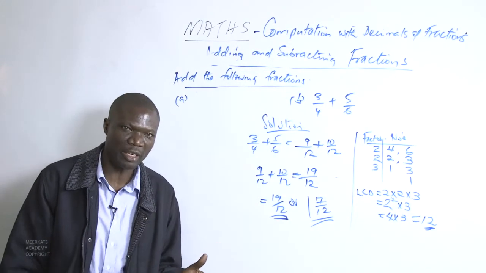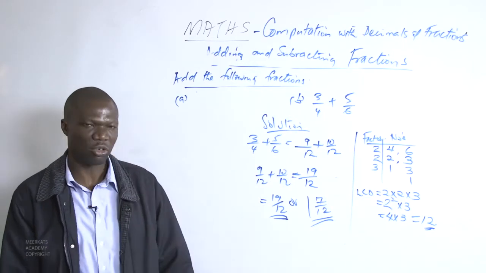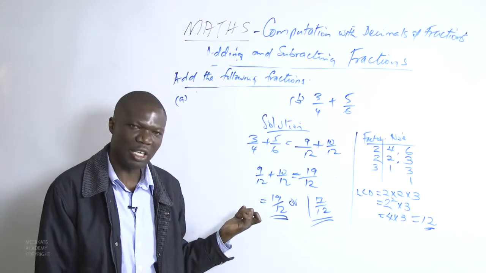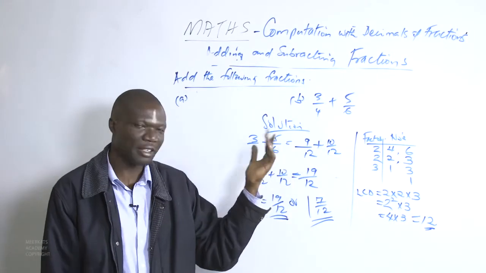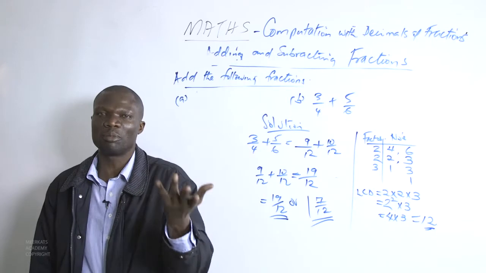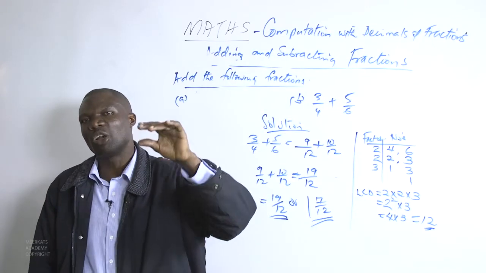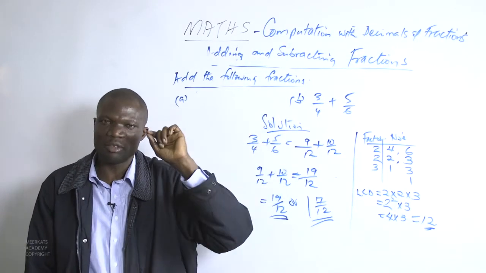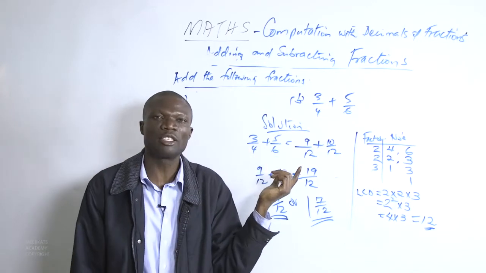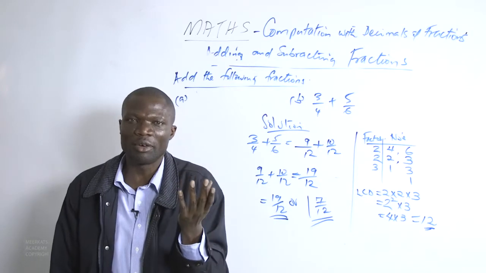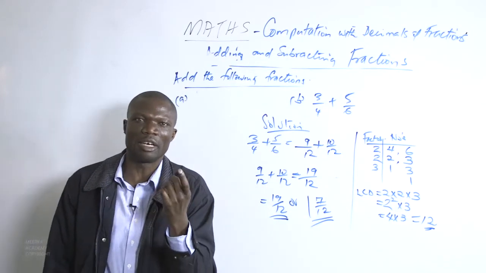So in fractions, when you are adding or subtracting, it is very important to study the denominator. If the denominators are the same, then it is much simpler because we simply operate on the numerators. If the denominators are different, then we need to find the lowest common denominator.